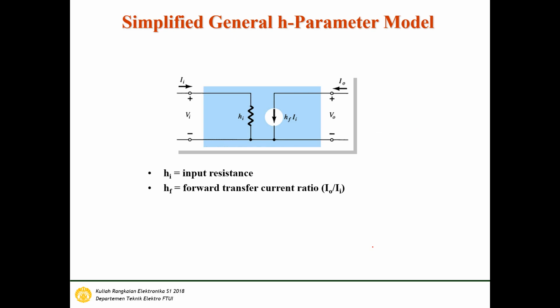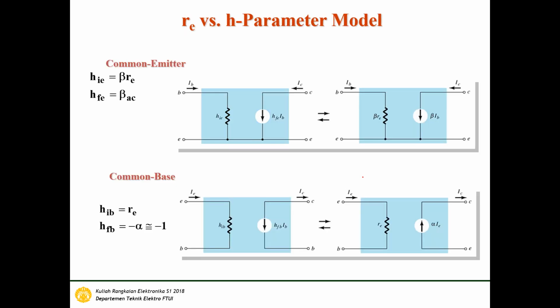And then this is the general h parameter model. We have hi, the input resistance here, and then hf, the forward transfer current ratio, Io per I1. If we compare the two models, this one is the h parameter model or hybrid. hie is equal to beta re for the common emitter, and hfe is equal to beta AC.